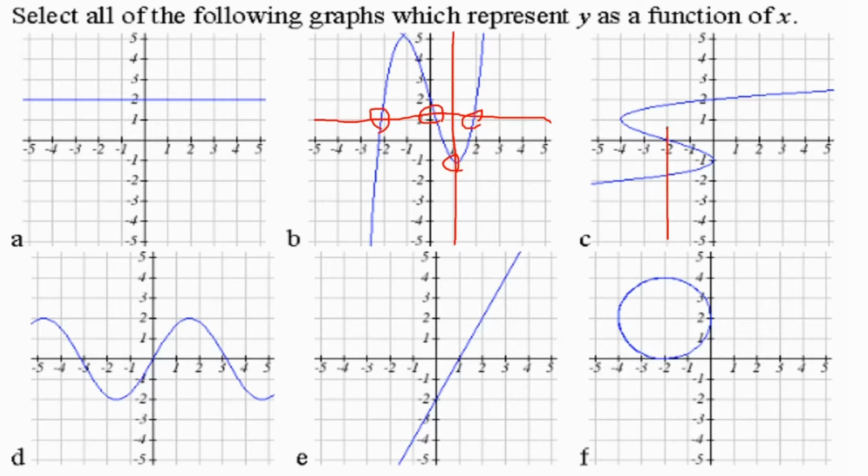This does not pass the vertical line test. It hits 3 points, and that cannot be a function. And since it's not a function, it's not a one-to-one function either.